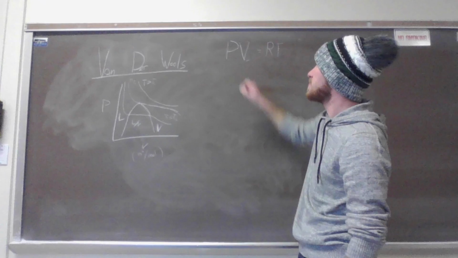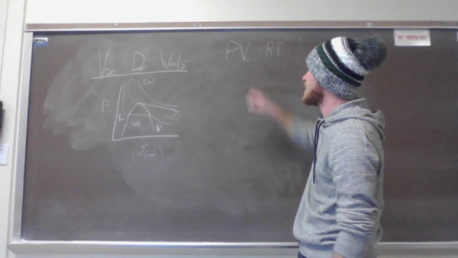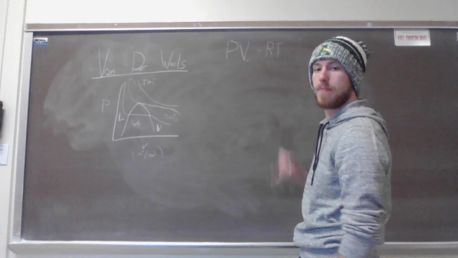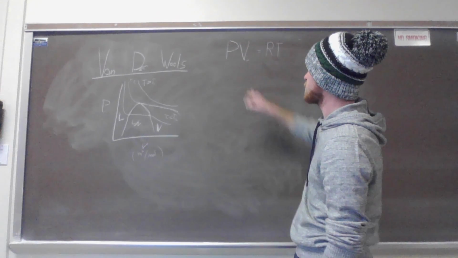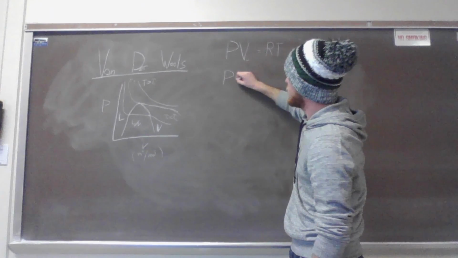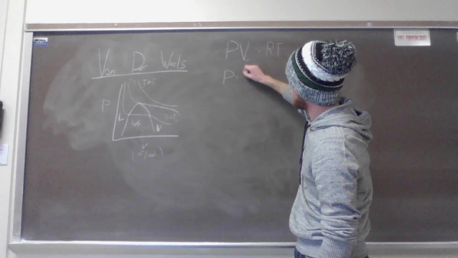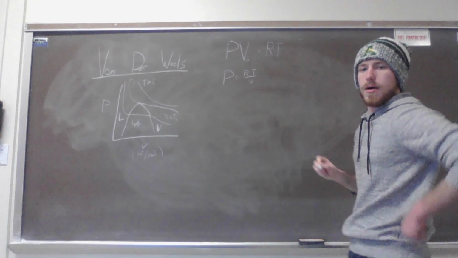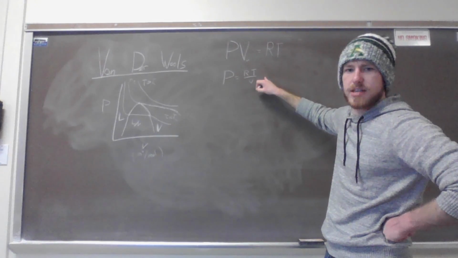Now from here on out, I'll be using a smaller lowercase v to indicate it's VM, which is the specific volume. But what van der Waals does is, first he moves that v over, so we have P is equal to RT over v. But what van der Waals says is, well, this applies for ideal gases.